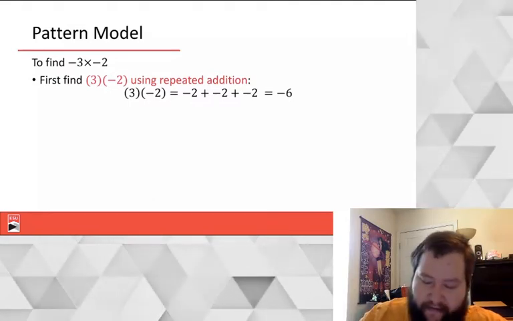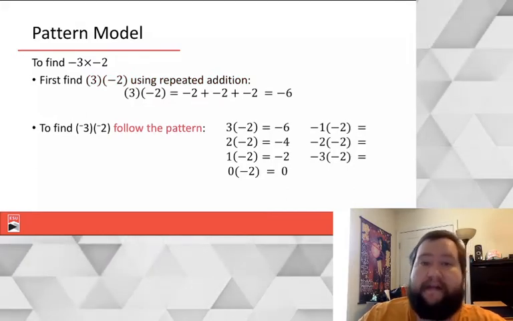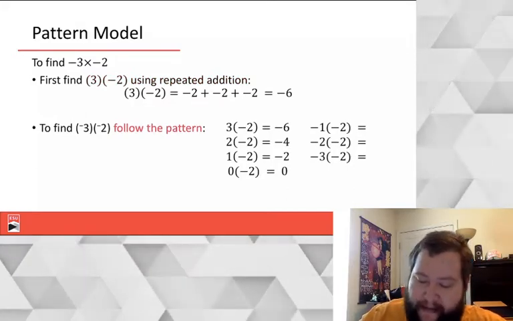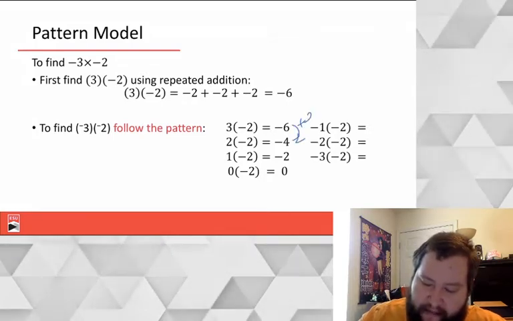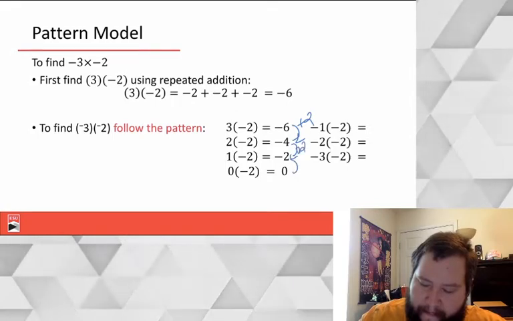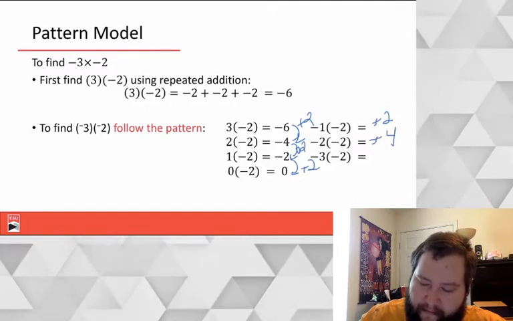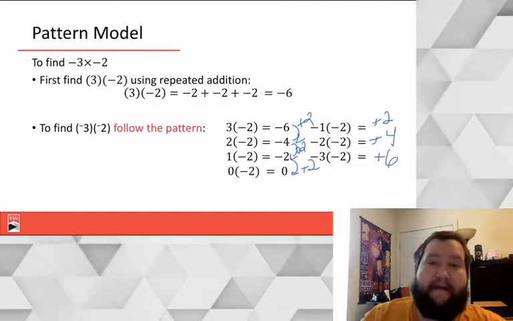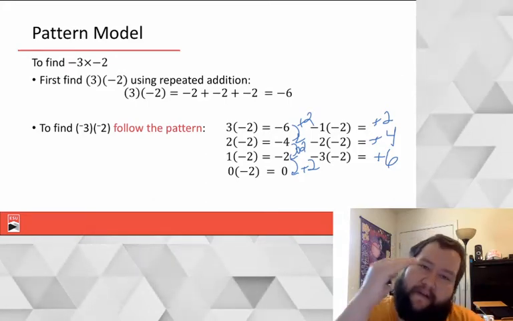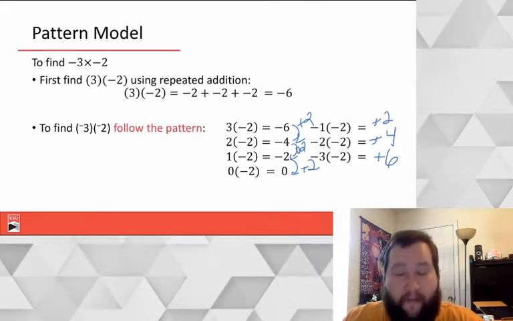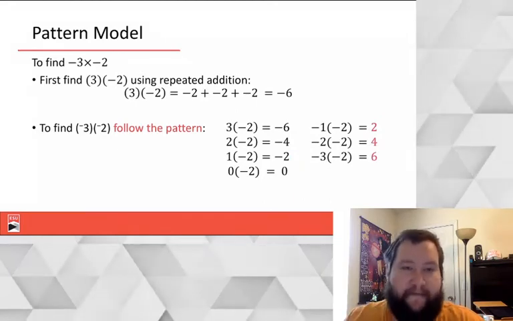And 2 times -2 is -4. 1 times -2 is -2. 0 of them is 0, and so we would expect -1 times -2... since each of these is going up by 2 each time, I would expect this to become +2, +4, and +6. And so we can see how that continues the pattern that we need in terms of how these operations work. And so there's the typed version.